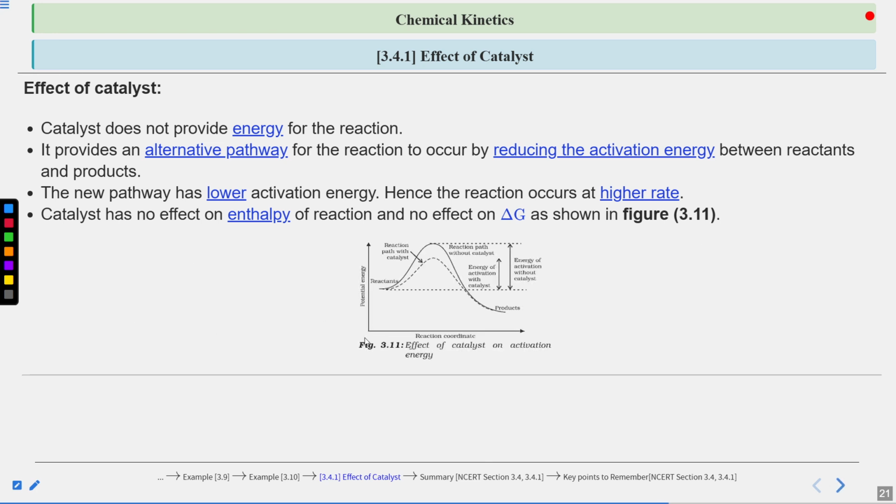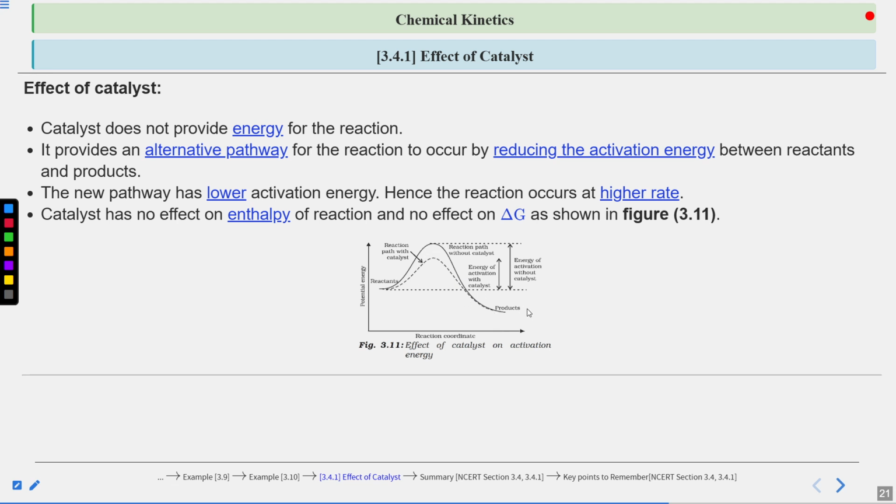Figure 3.11 shows the effect of a catalyst on the activation energy. It is a potential energy versus reaction coordinate graph, a curve where the reactant energy is different, the product energy is different, and there is a highest potential energy in this reaction.